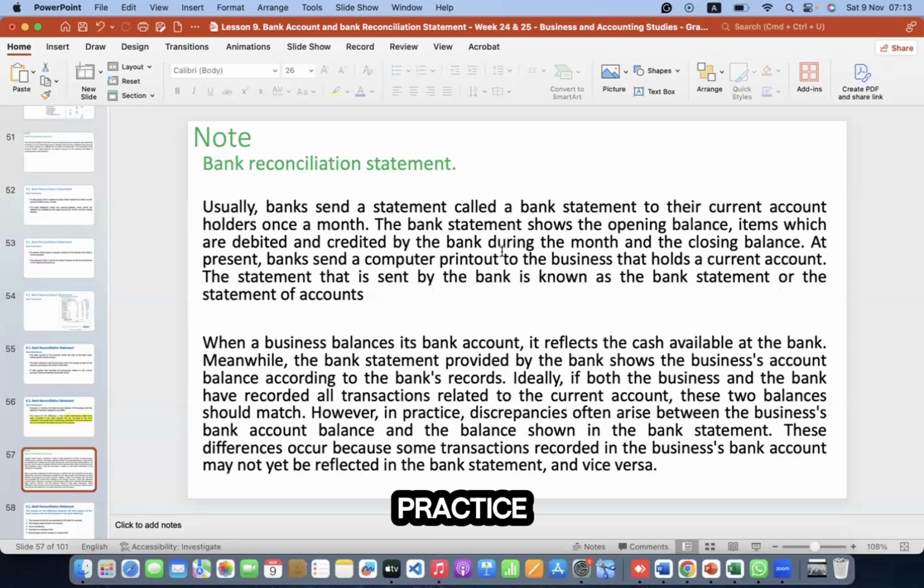However, in practice, discrepancies often arise between the business's bank account balance and the balance shown in the bank statement. These differences occur because some transactions recorded in the business's bank account may not yet be reflected in the bank statement and vice versa.